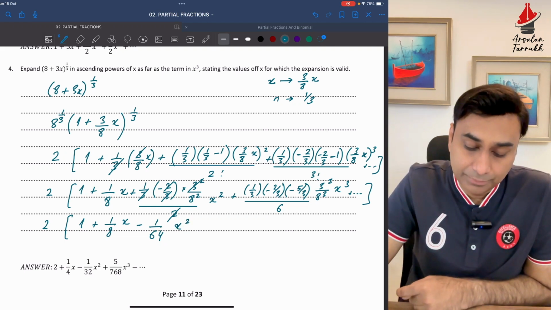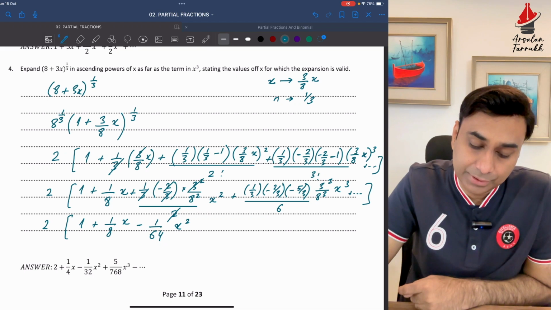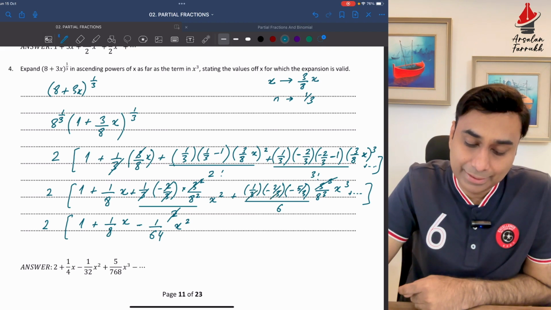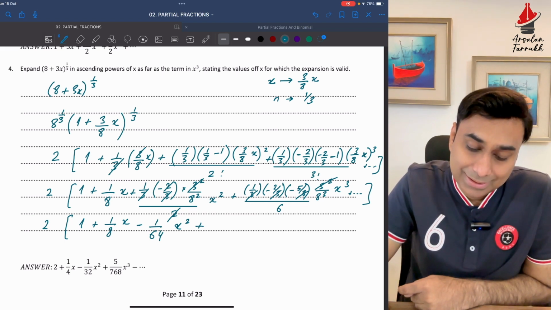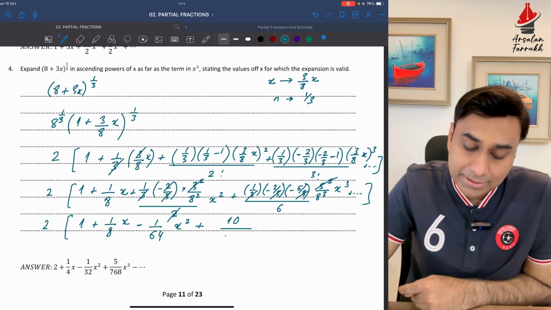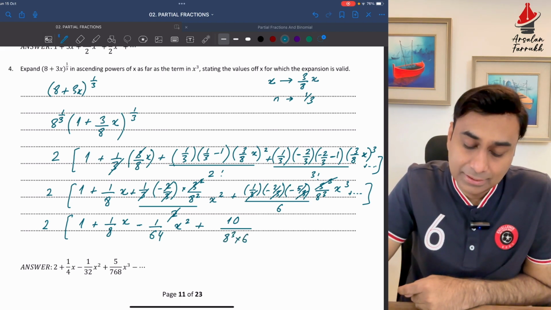And then I will simplify all of these terms. So this is going to be 3 cube cancelling with this 3, and this 3. A minus and a minus is going to become plus. And this will be 10 divided by 8 cube times 6, and whole multiplied by x cube.